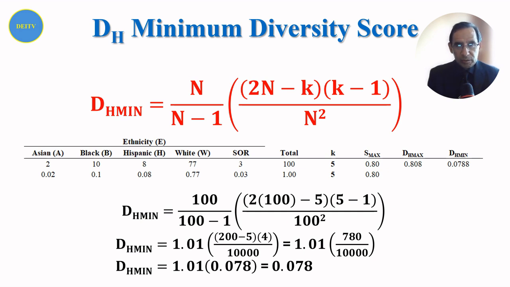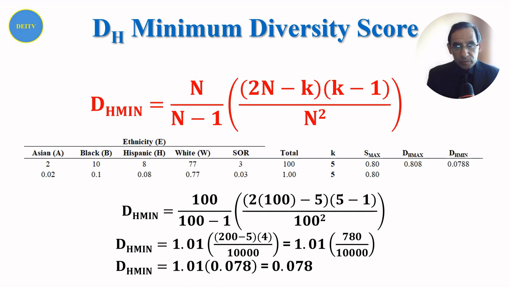So the numerator is again composed of two terms, 2 times capital N minus K times K minus 1. The denominator is the total number of individuals squared, so that's capital N squared.